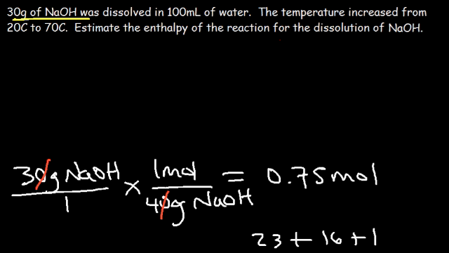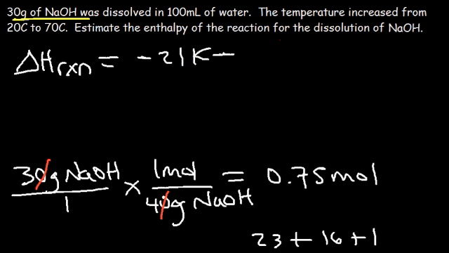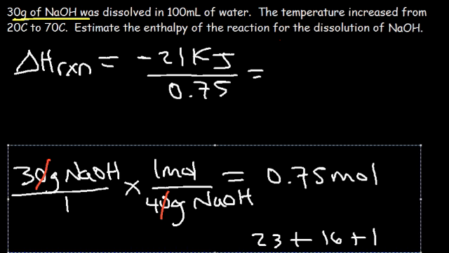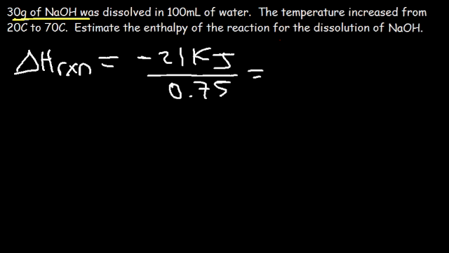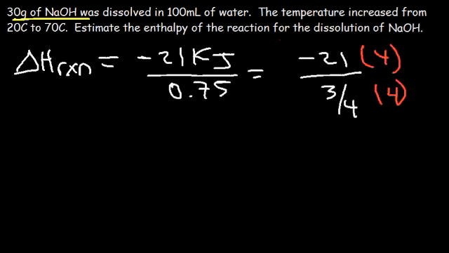So now we can estimate the enthalpy change of the reaction. It's going to be Q over n, so negative 21 kilojoules divided by 0.75. So let's put 0.75 back into its fraction form, which is 3/4. So this is the same as negative 21 divided by 3 over 4. Let's multiply the top and the bottom by 4.